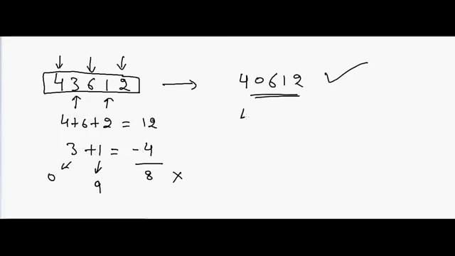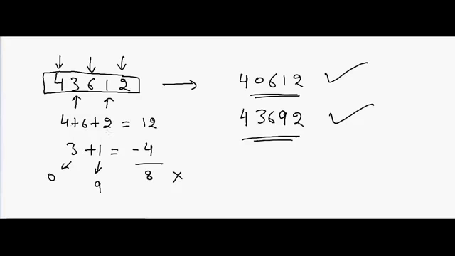So what I can do is say 43619, no, sorry, not that, but 9 here and 2 here. Now this number should be evenly divided by 11.